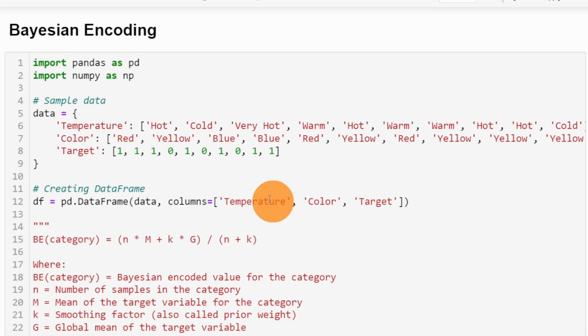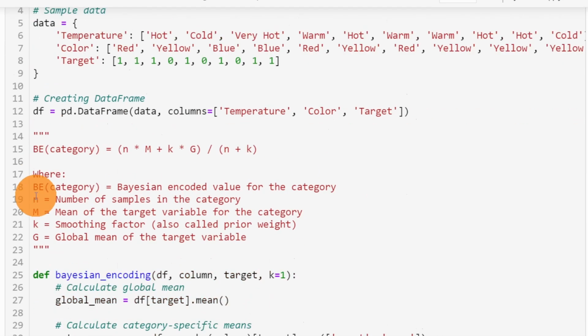Bayesian encoding. Here, I'll be creating one function. That's why I am using pandas and numpy. First, load the toy dataset in the data frame.